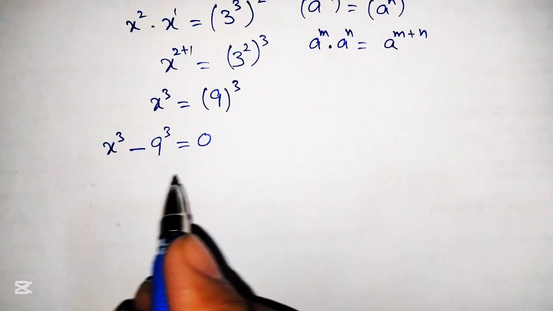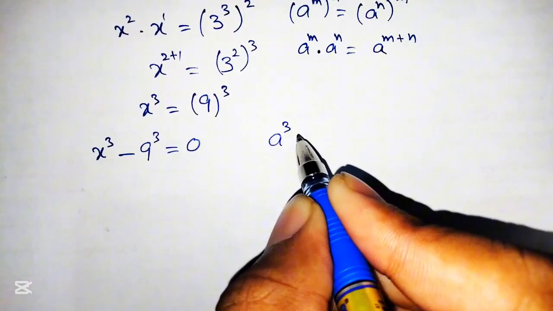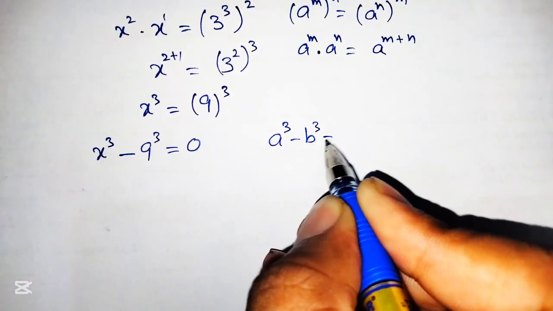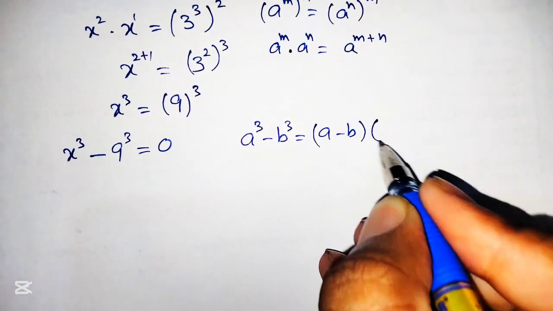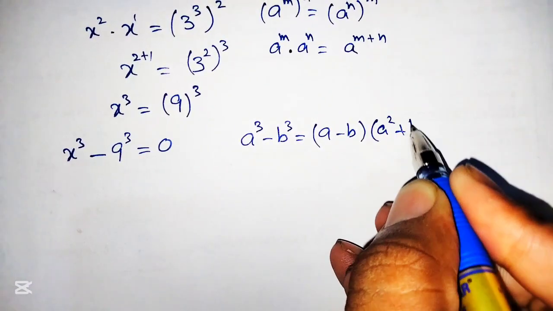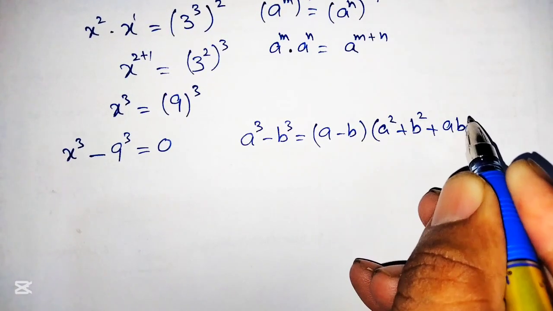Now it is a form of a basic mathematical formula which is given as a cube minus b cube is equal to a minus b times a square plus b square plus ab.